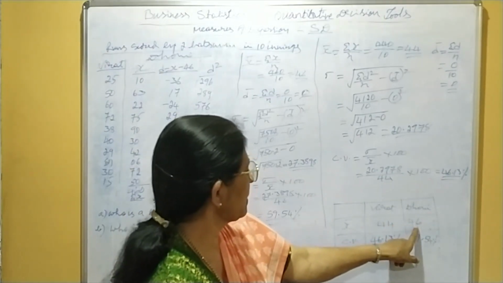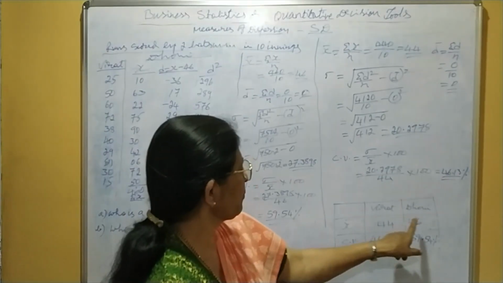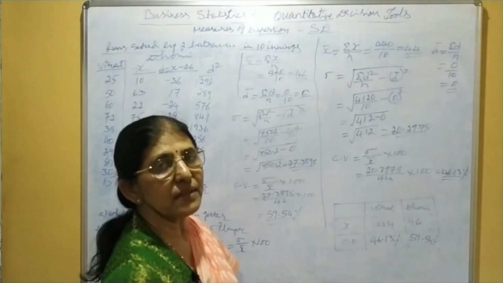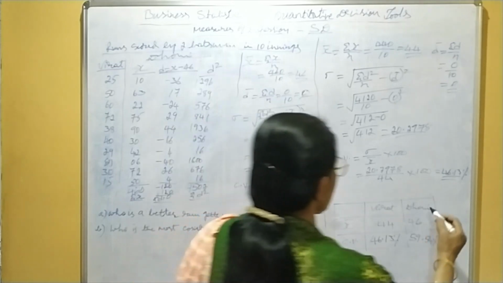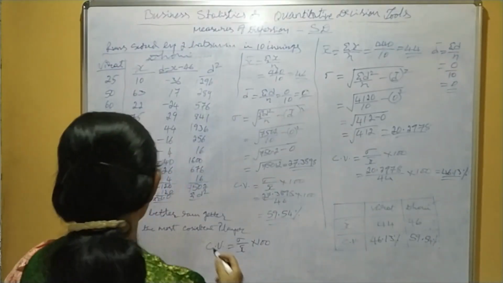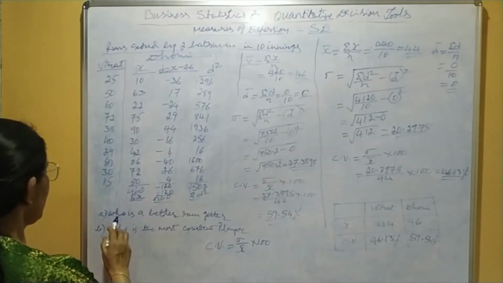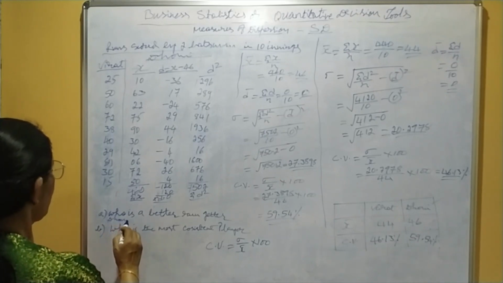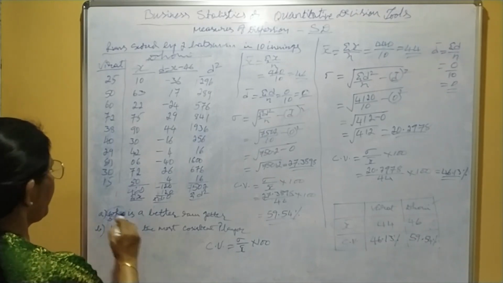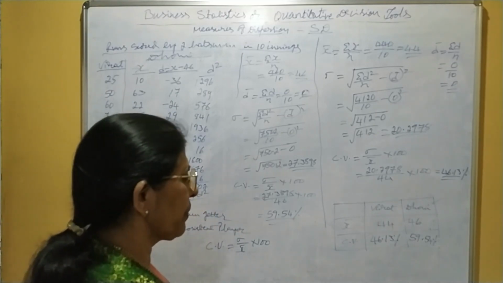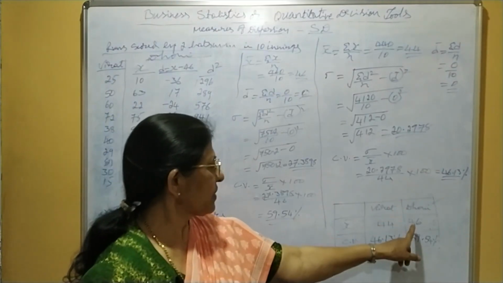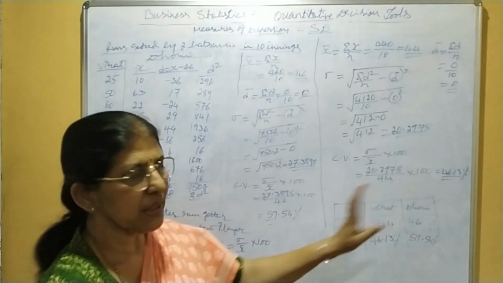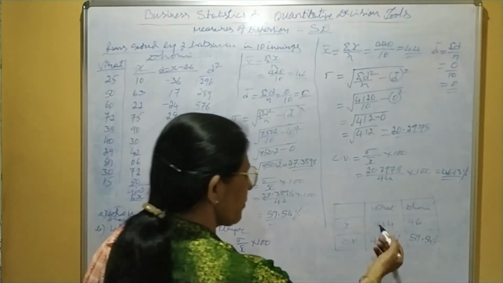Here average runs scored by Virat 44, Dhoni 46. Which one is higher? Dhoni's average score is higher. Therefore, who is the better run getter? In the place of who you have to write: Dhoni is a better run getter, because average runs scored by Dhoni is higher compared to Virat.